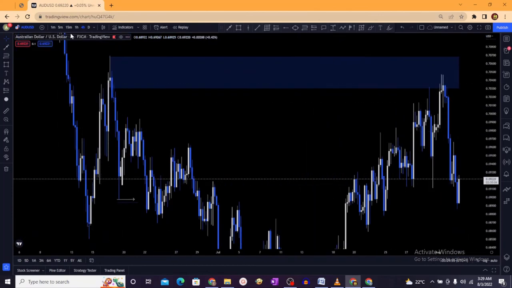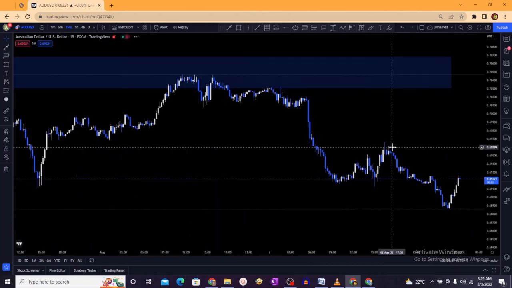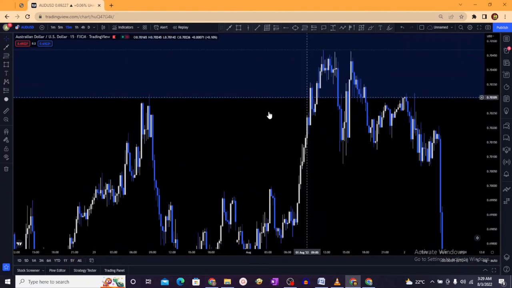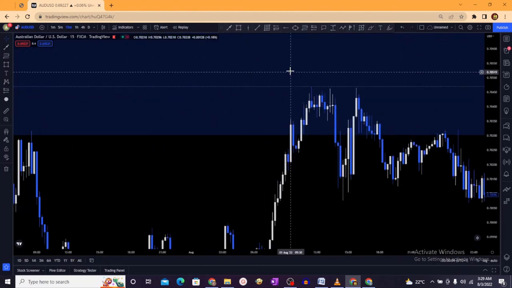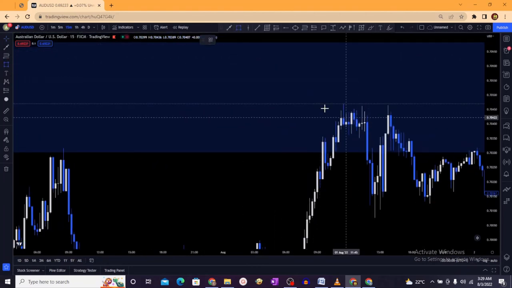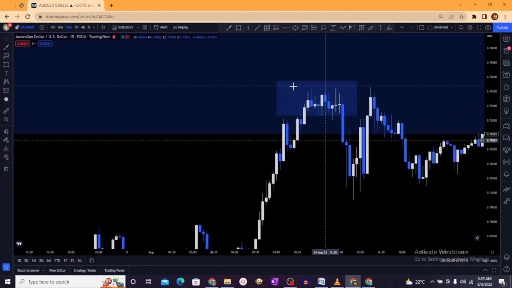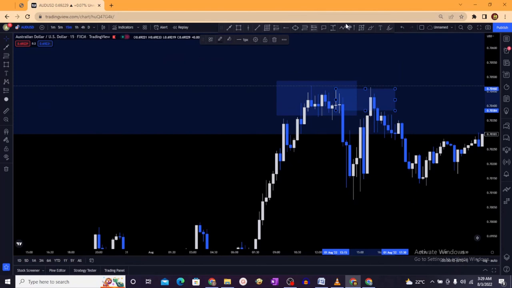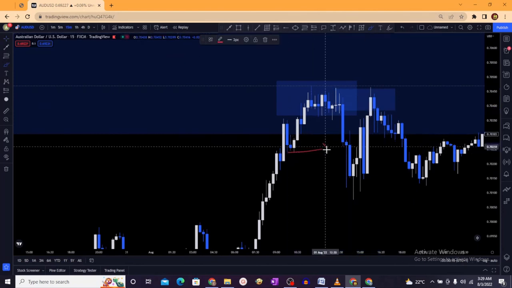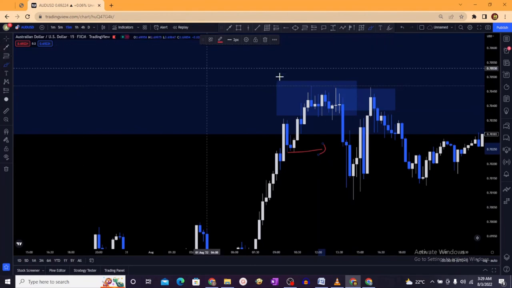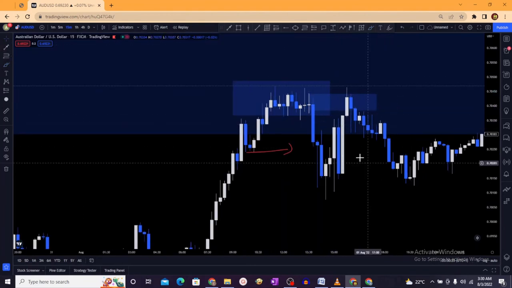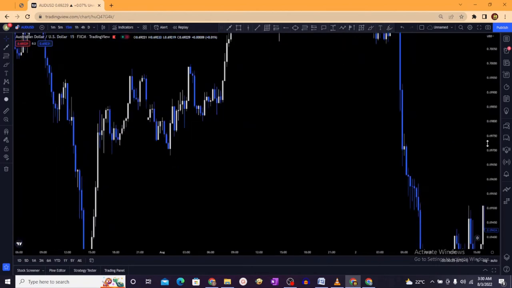So let's just drop over to the 15-minute and see. You can clearly see there was some Wyckoff distribution here, and it led to a break of structure here, and price eventually came back for the last test of supply here, and dropped massively.